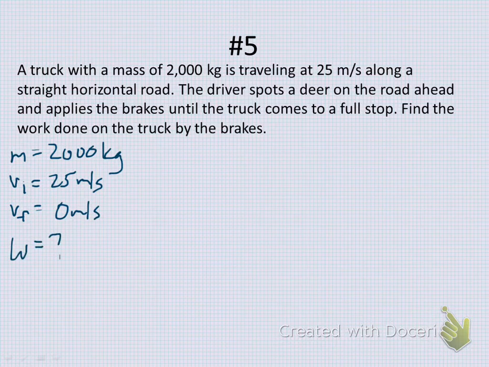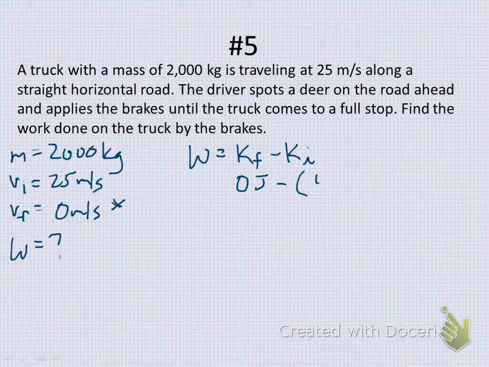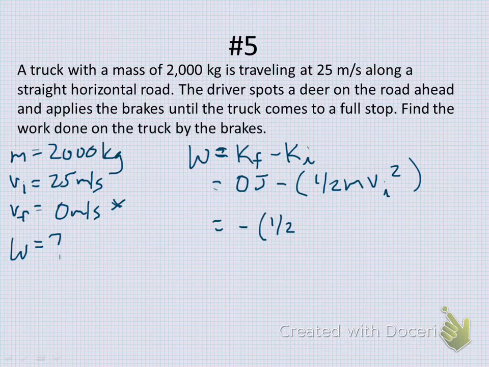Now in this problem, we still have work is equal to change in kinetic energy, which is going to be Kf minus Ki. In this particular problem, though, it's useful to note that since the final velocity is 0, then Kf is going to be 0 minus the 1/2 mvi squared. So it's a little bit easier to not factor this one out and just remember that we're dealing with a negative for our product.